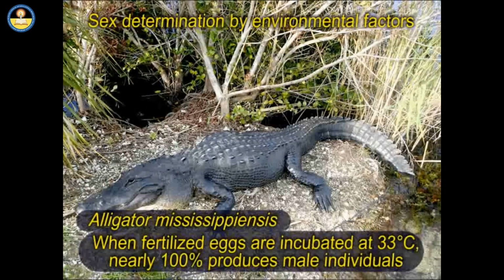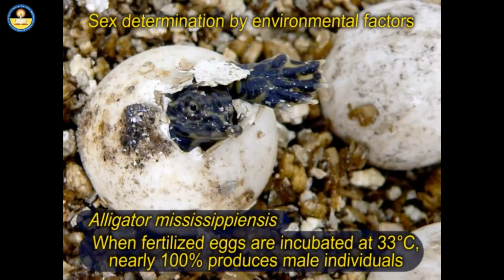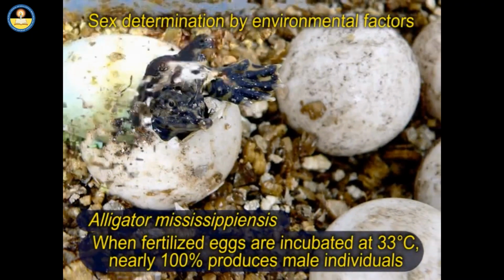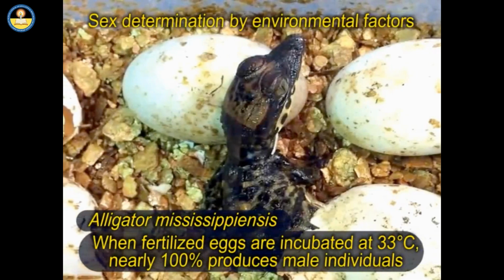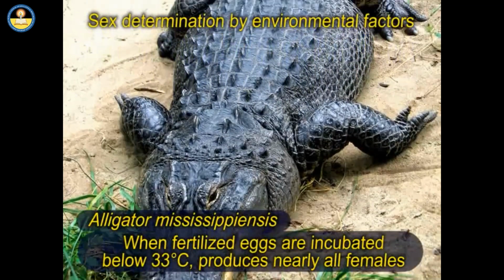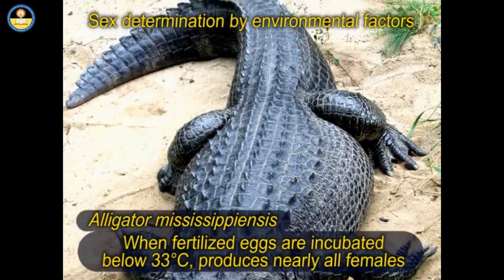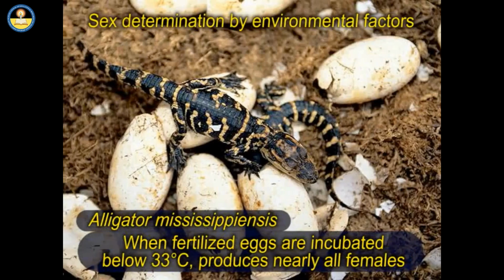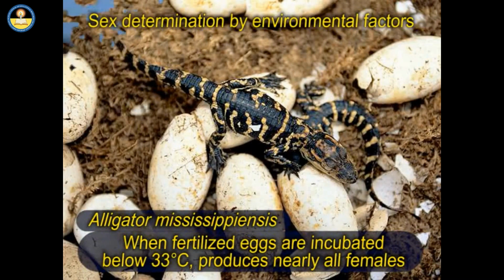When fertilized eggs of this alligator species are incubated at 33 degrees Celsius, nearly 100% of them produce male individuals. In contrast, when the eggs are incubated at a temperature a few degrees below 33 degrees Celsius, it produces nearly all females.